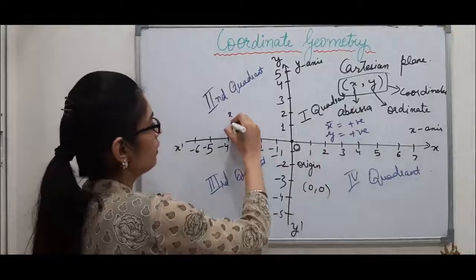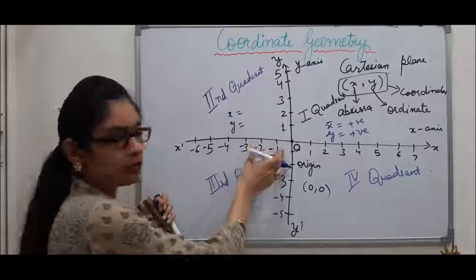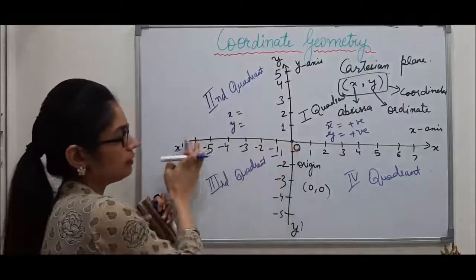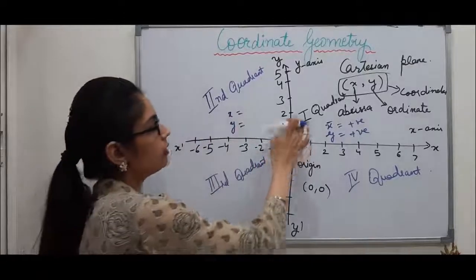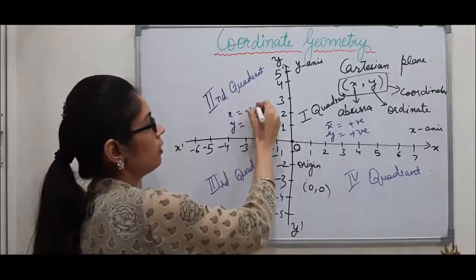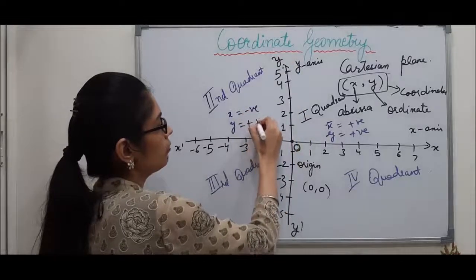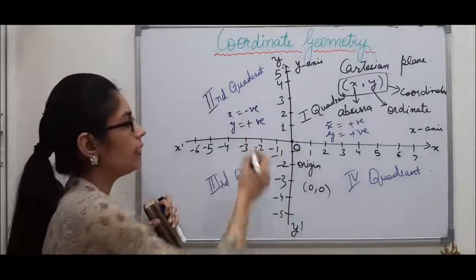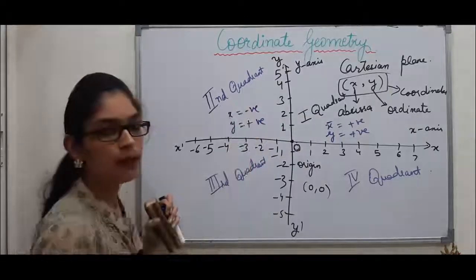Now in the second quadrant, it covers this axis for x and this for y. From here itself you can see x is negative and y is positive. So in the second quadrant x is negative and y is positive.